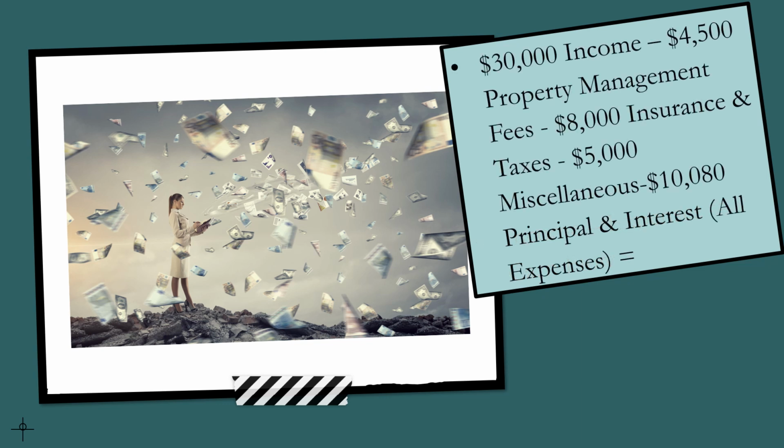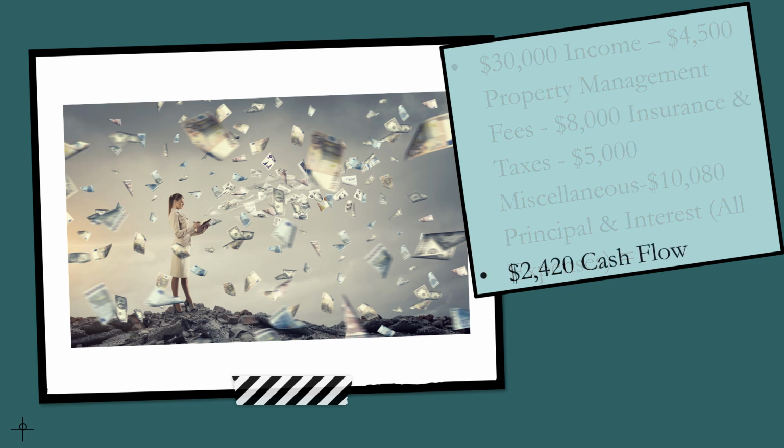So we have $30,000 in income, and we subtract the $4,500 paid for the property management fees, the $8,000 paid for insurance and taxes, the $5,000 in miscellaneous fees, and the $10,080 paid towards principal and interest, which leaves us $2,420 in cash flow.